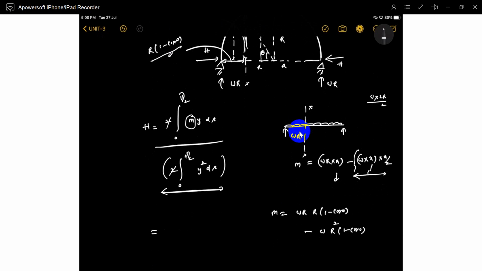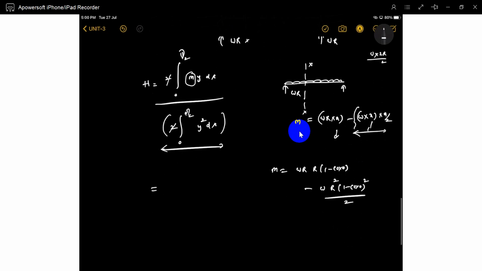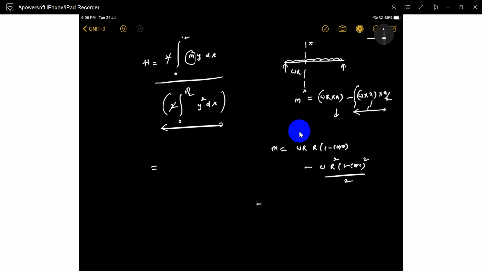So r square cos square theta divided by 2. Okay, so how can you rearrange it? W r square, 1 minus cos theta, W r square by 2 whole square, 1 minus 2 cos theta plus cos square theta.